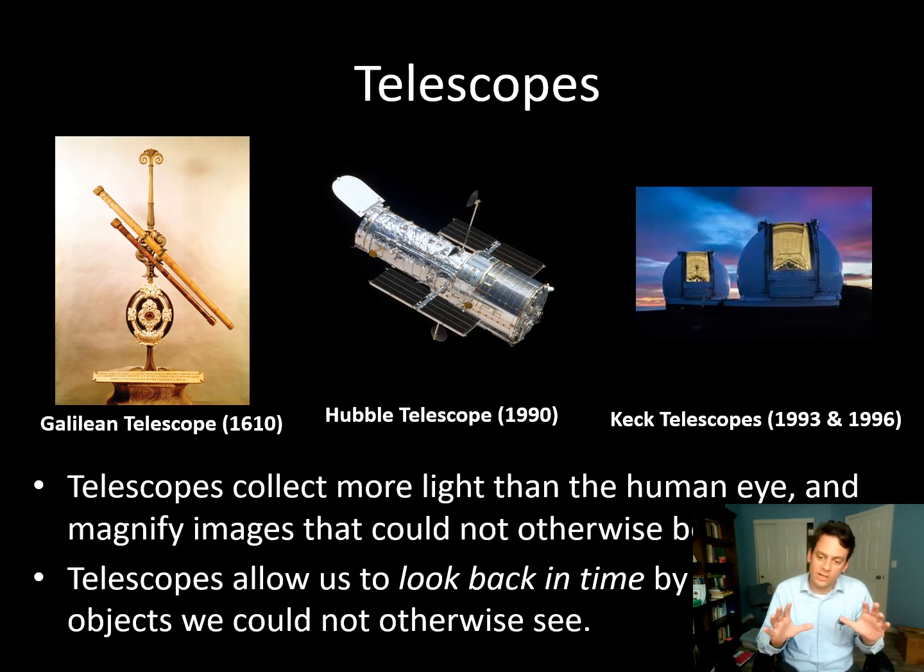And so they do two different things that are related. One is they collect more light than the human eye can do, and two is that they can collect just a lot more data that way. And as I mentioned, anytime we look at the sky, we're looking back in time. But telescopes allow us to look farther back in time because they allow us to see things that we just can't see with the naked eye.